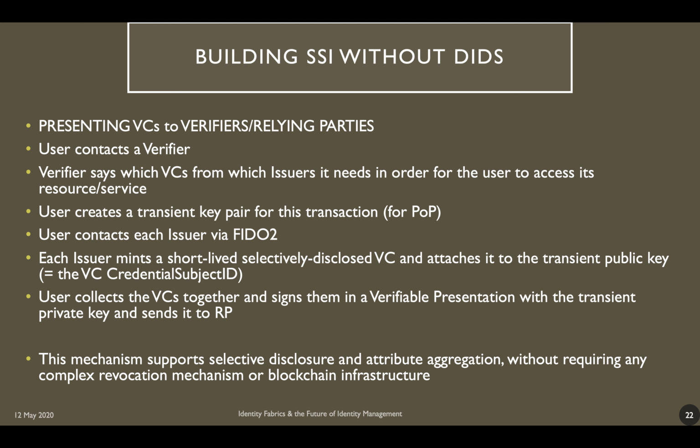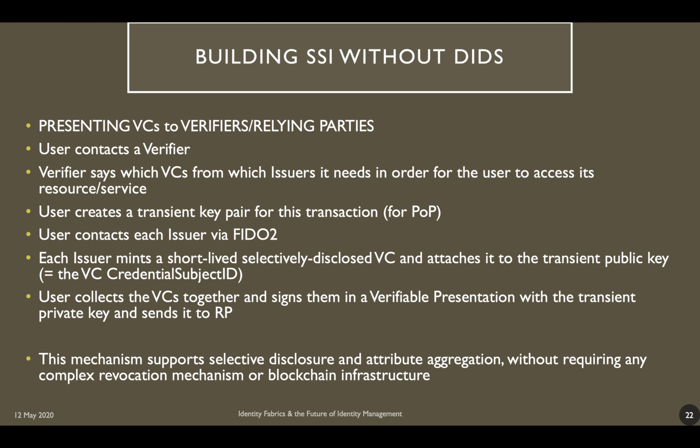He contacts each of his issuers with strong authentication via FIDO2, and the issuer mints fresh, short-lived, selectively disclosed VCs and attaches it to the transient public key, and returns it to the user.